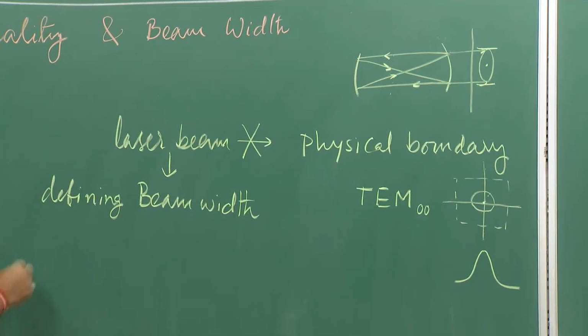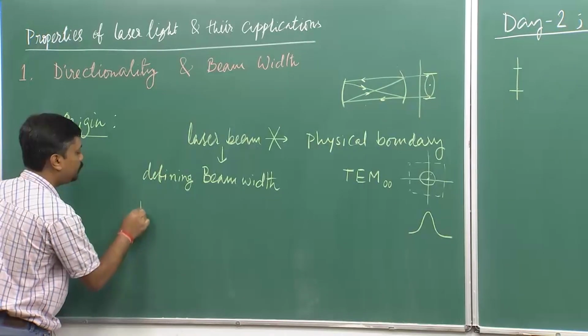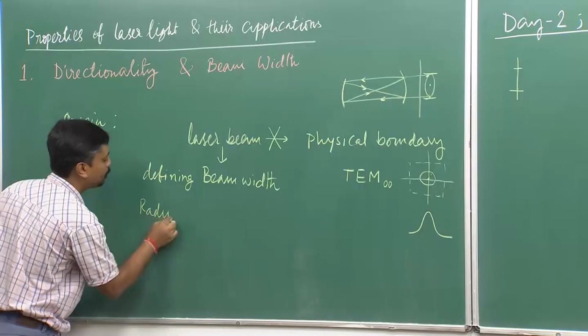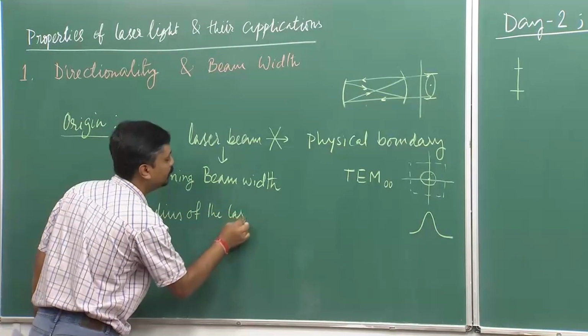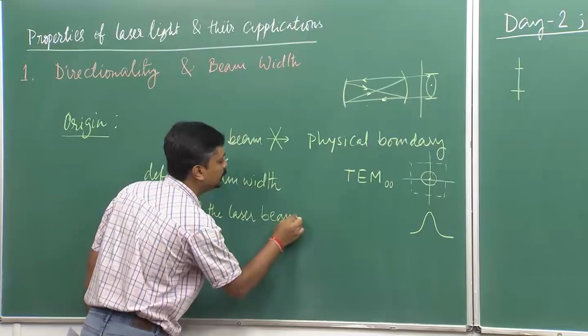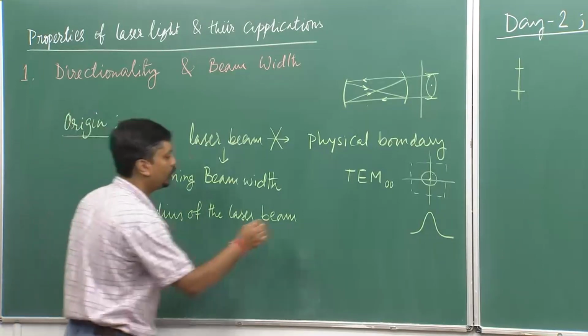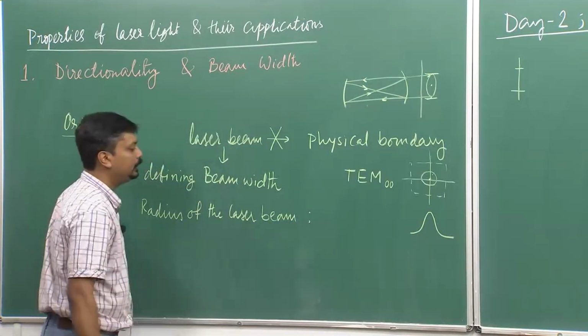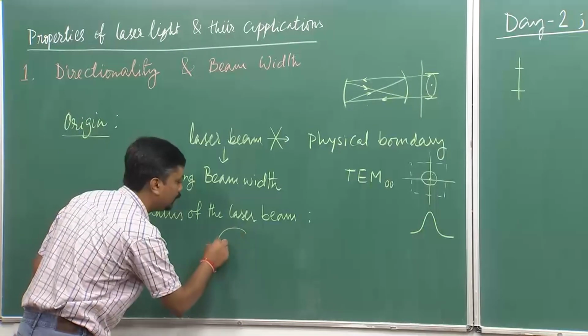so how? The radius of the laser beam is defined as follows. We start from the center, okay.